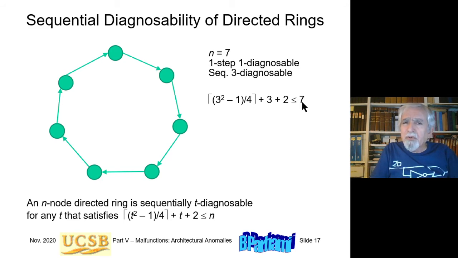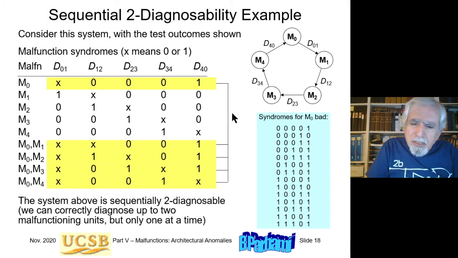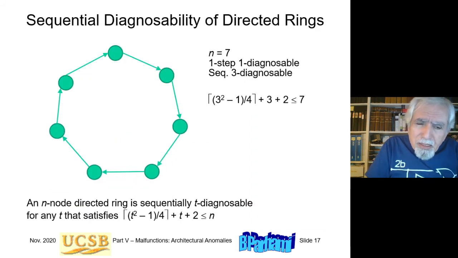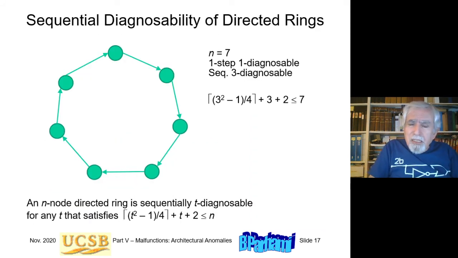It is less than or equal to 7. Therefore, this is sequentially 3-diagnosable. Okay, we already know it can't be 4-diagnosable because a majority of the units could be good. So 3-diagnosability is the best we can hope for, and this actually has that property.